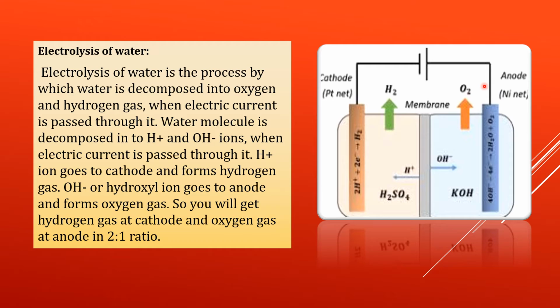Okay, so the answer is, if we use AC current, what will actually happen is that after a certain period of time the direction of current will change. If you just see this diagram, if the direction of current changes, the positive end and negative end of the battery also will change.